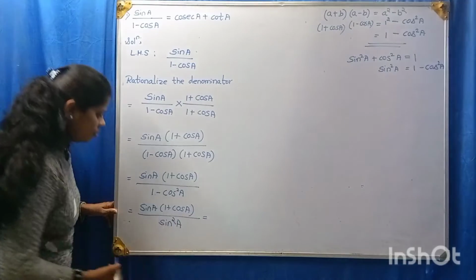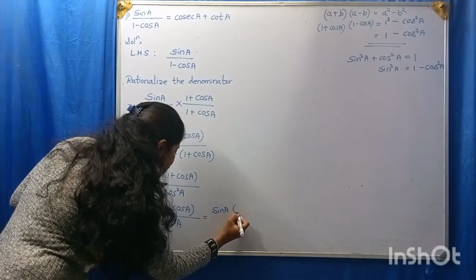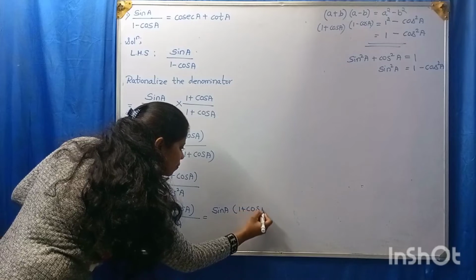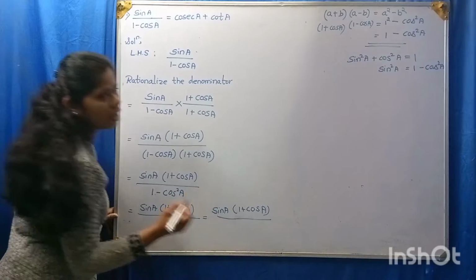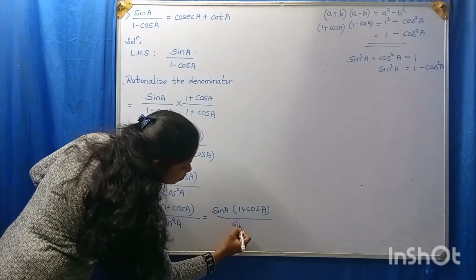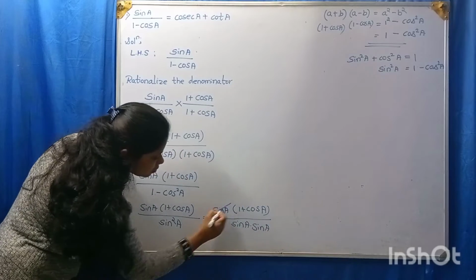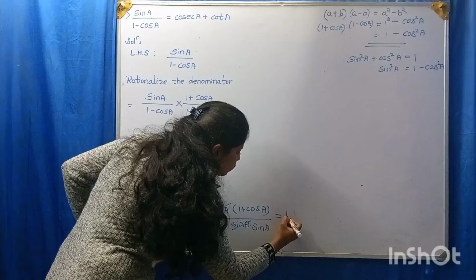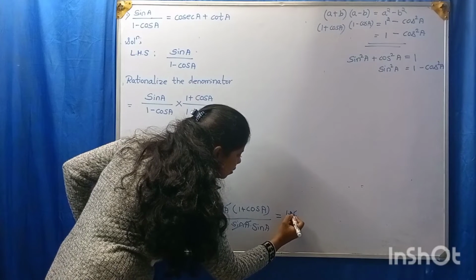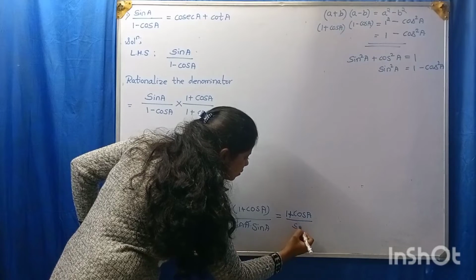Let me write in detail. Sin A into 1 plus cos A. Sin square A means sin A is present 2 times, that is sin A into sin A. Sin A will get cancelled. What is left? 1 plus cos A divided by sin A.